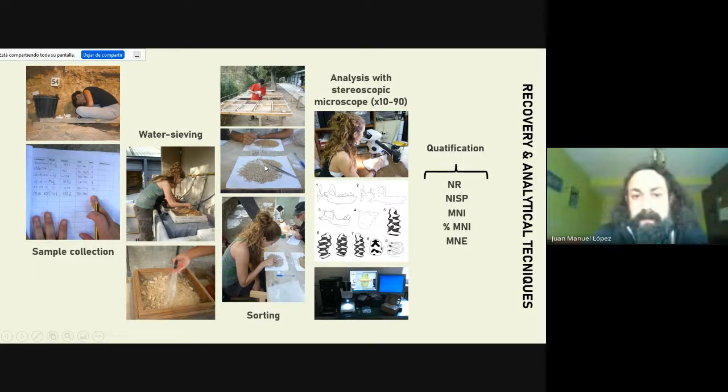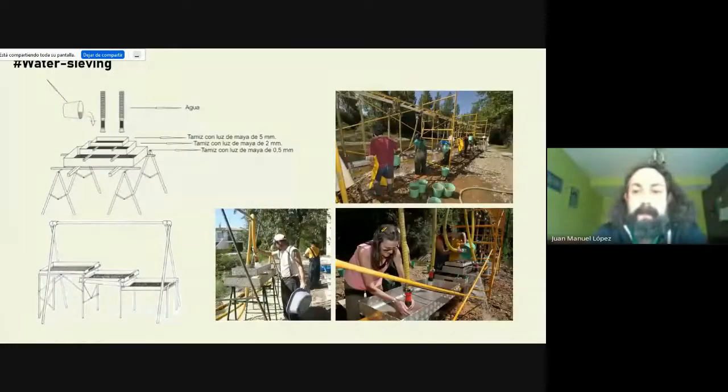After this, the sediment that also contains the bones and teeth is picked up to obtain these small vertebrate or small mammal remains. After that comes identification with microscopes and other techniques, and quantification with different kinds of methods: number of identified specimens or number of remains, and minimum number of individuals.